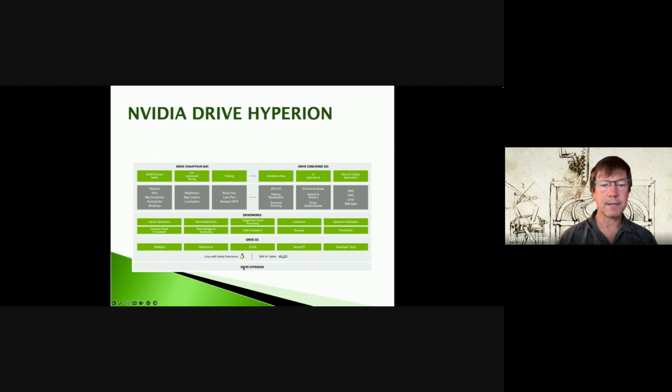So, all right. Over here on the Concierge, we've got this confidence view. If you've driven in some car with some level of autonomy, then you probably see on a display a moving schematic or interpretation of what the vehicle is perceiving around it, right?